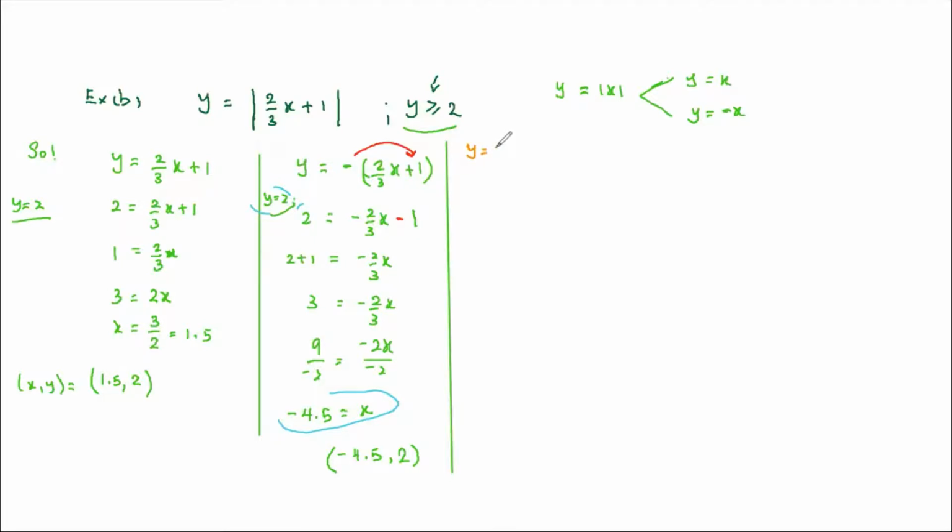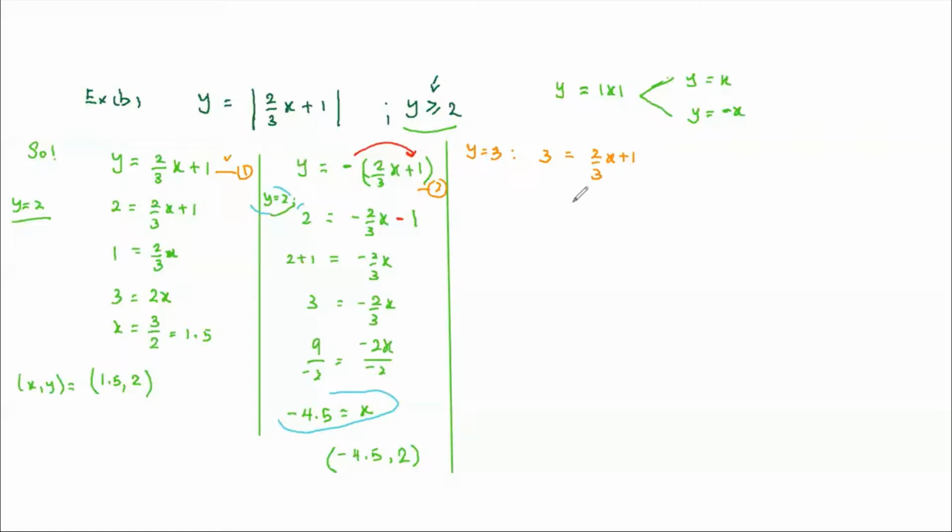Then you represent it in these equations: this one is equation 1 and this one is equation 2. Replace y equal to 3 in equation 1 first, so this becomes 3 equals 2 over 3x plus 1.